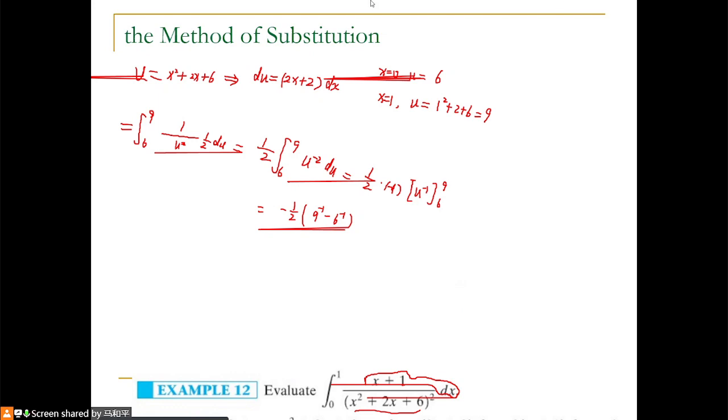Let's see Fatima's answer and see if we are right. Yes, right. So it's 1 over 9 minus 1 over 6, so it's 1 over 36. This is the right answer, 1 over 36.